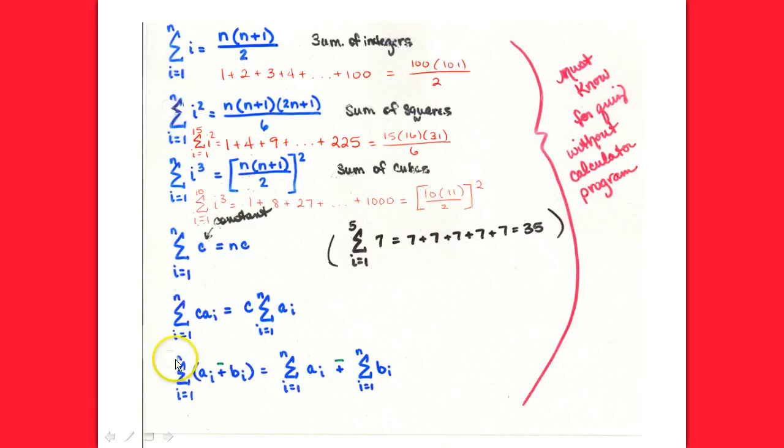The last couple of properties that we have down here will make finding summations a little faster and easier. The first one says if you have the summation from 1 to n of a constant, then it's going to be n times that constant. For instance, if I had the summation from i equals 1 to 5 of the constant 7, it's the same idea as, let's say that you are graphing y equals 7, and you make an xy chart.